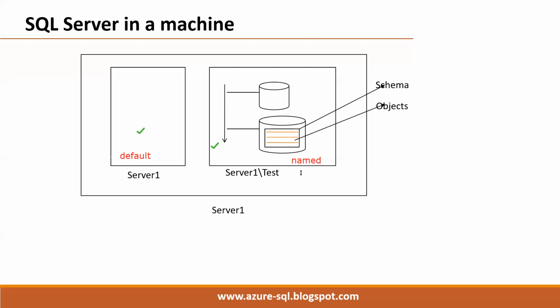By default, whenever you install the first time, we go with the default instance. If you want one more instance in the same machine, then we install one more instance with some name. Why? Because only one default instance is allowed per machine. 49 named instances are allowed per machine, total 50.